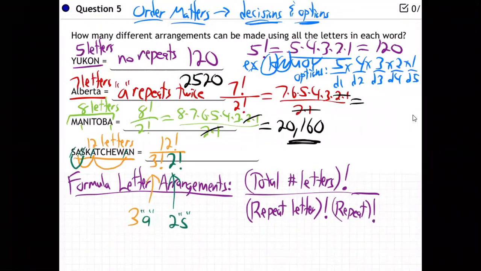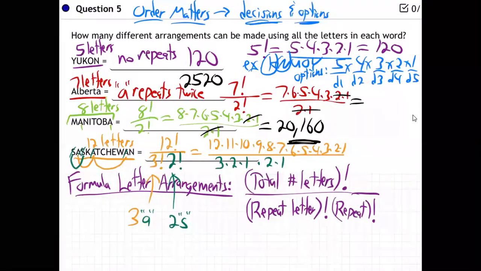So how do we actually work that out? Well, that's going to be 12, 11, 10, 9, 8, 7, 6, 5, 4, 3, 2, 1 over. And then what's on the bottom? Well, 3, 2, 1 and 2, 1, right? Because it's 3 factorial and 2 factorial. All right, so cancel what you can. 3, 2, 1 and 3, 2, 1 cancel.